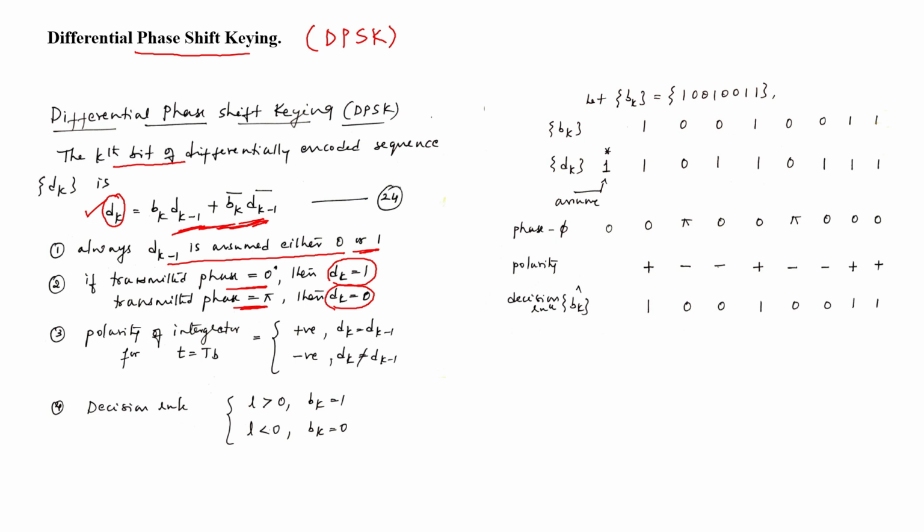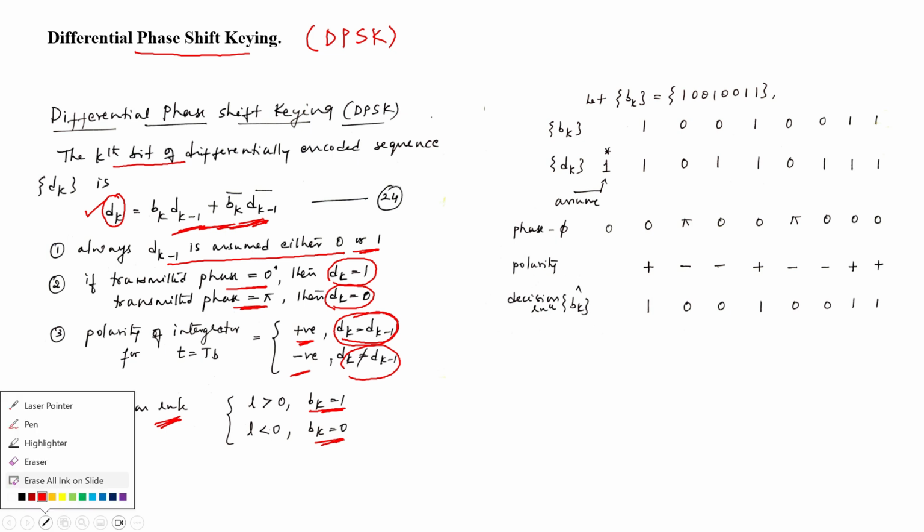At the receiver, the signal is passed through the integrator and we generate a polarity. If the present bit is equal to the previous bit, the integrator generates positive polarity. Otherwise, it generates negative polarity. Based on this polarity, the decision device will detect whether 1 or 0 was transmitted.